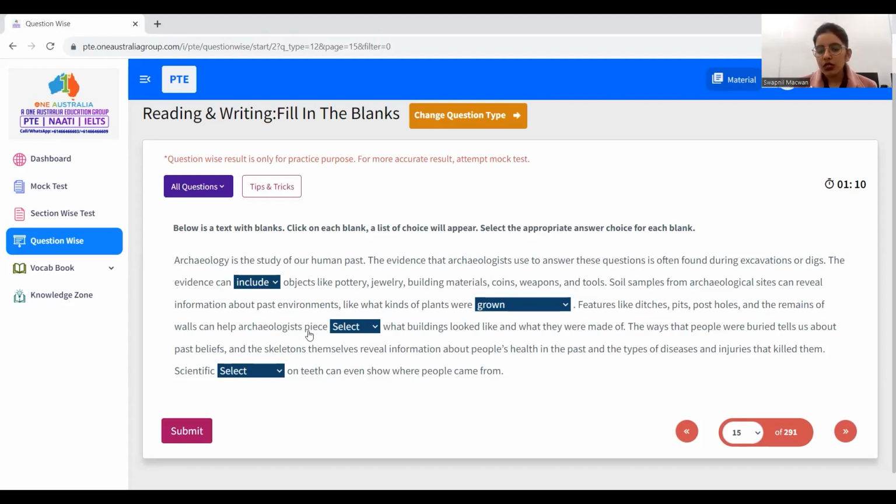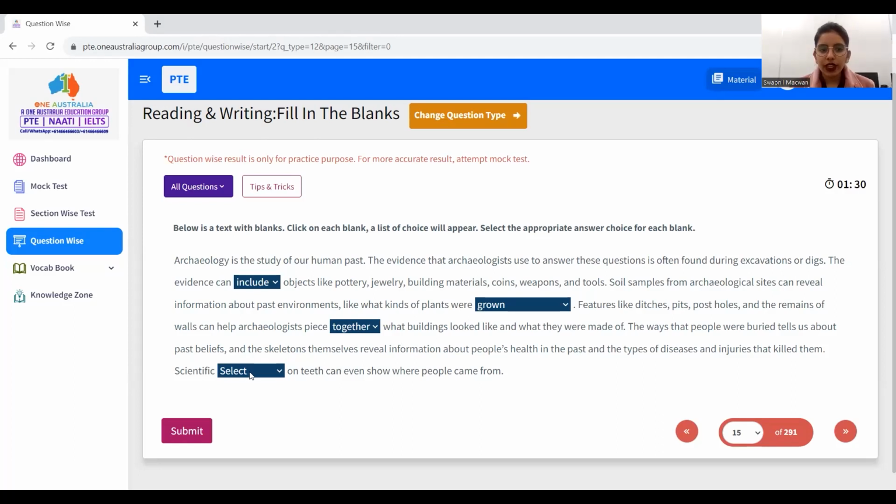The meaning of piece together is to accumulate something. So the walls help archaeologists piece together, because we are accumulating something together.